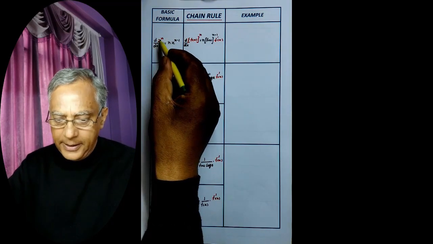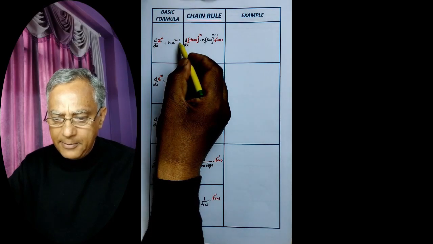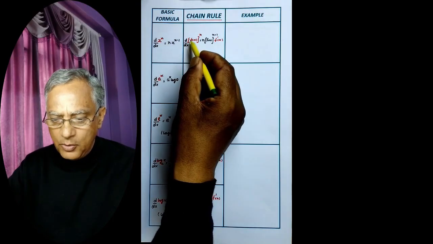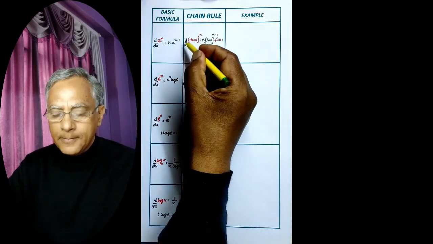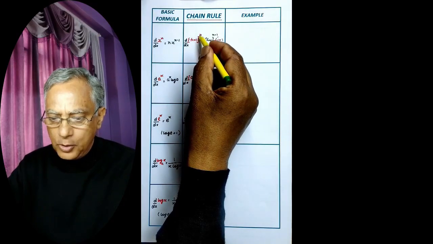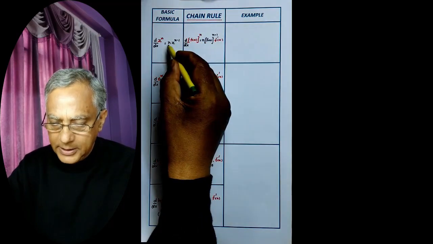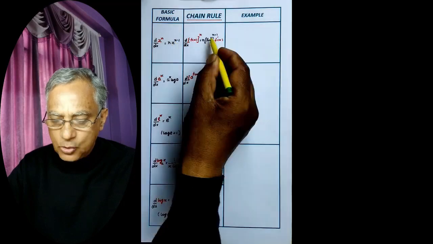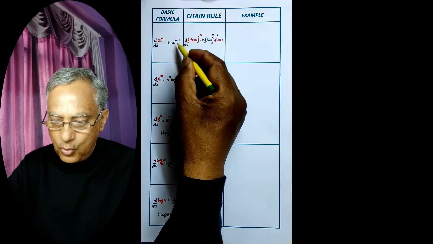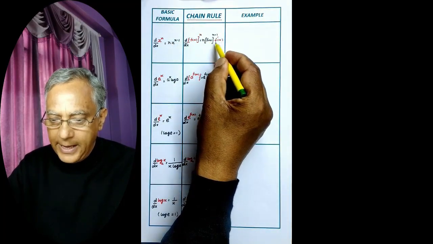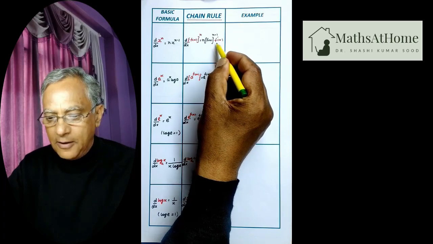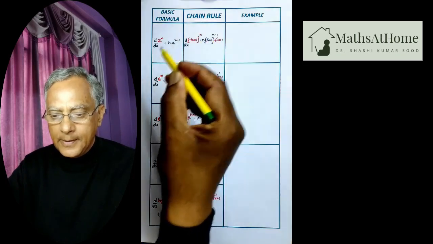For example, d by dx of x to the power of n is n x to the power of n minus 1. Now this formula is used for f(x): d by dx of f(x) to the power of n will be n f(x) to the power of n minus 1 into f dash x. This term will be extra.